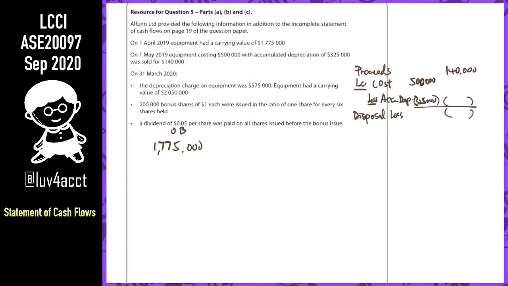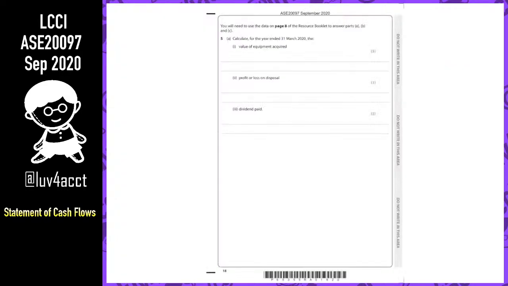Okay, that means the carrying value of the disposed asset being 175,000. Okay, 140 minus 175. That means we have 35,000 disposal loss. Okay, so I can write it here first. 35,000, okay, disposal loss.